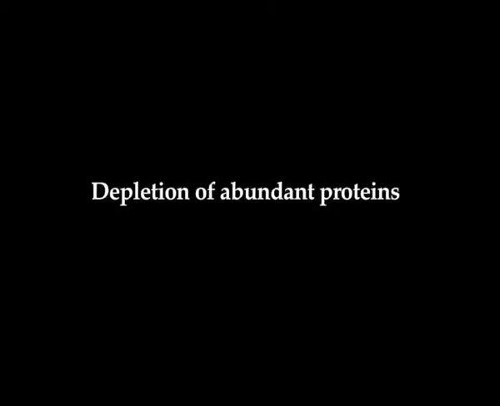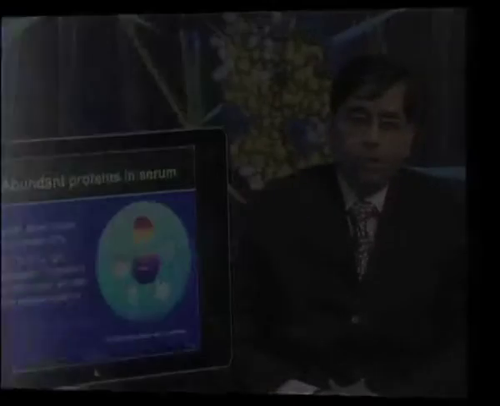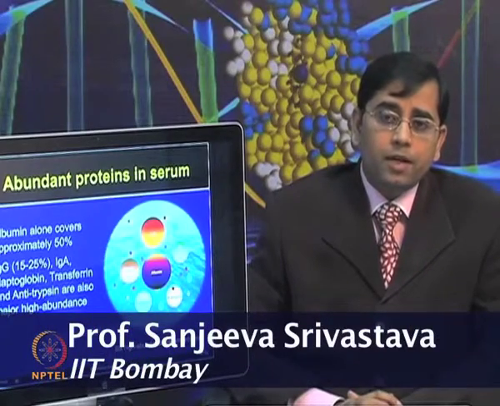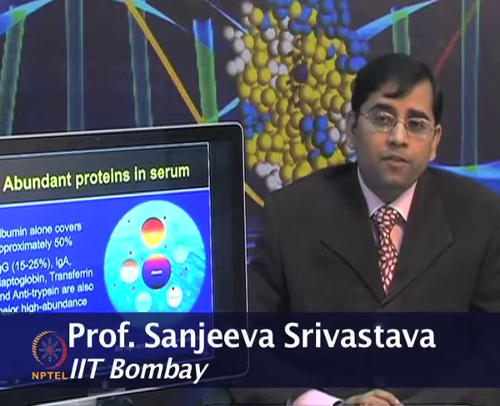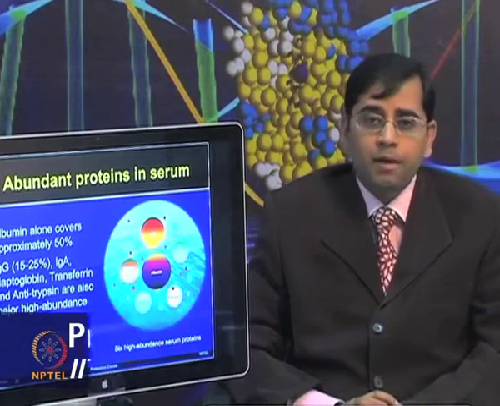How to remove the high abundant proteins which are present in the serum. As we talked, there are more than 20 abundant proteins present in the serum, and albumin alone covers approximately 50% of these abundant proteins.